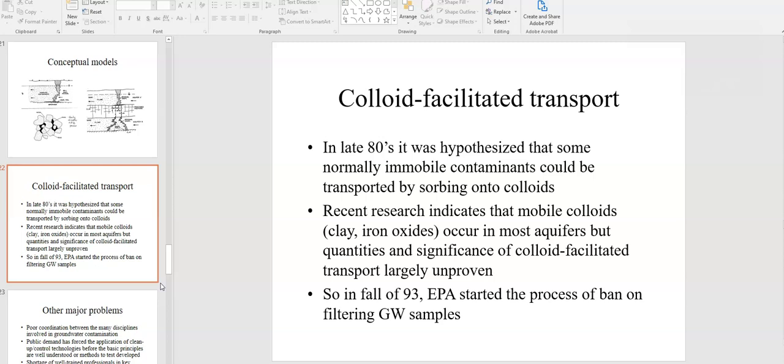So with colloids, we're doing a lot of sorption, and these things would move. So these iron oxides that you see here on the screen, these clays and stuff like that, they would move, and then you would get sorption of, say, radionuclides to them. Contaminants could stick to them, and then these colloids could actually move and carry contaminants to other locations.